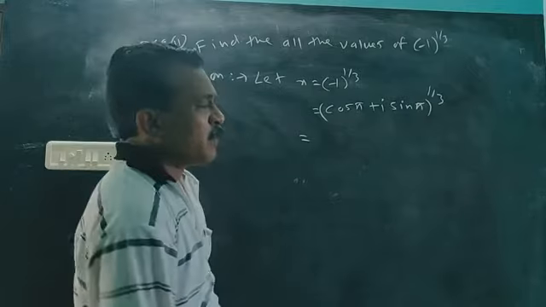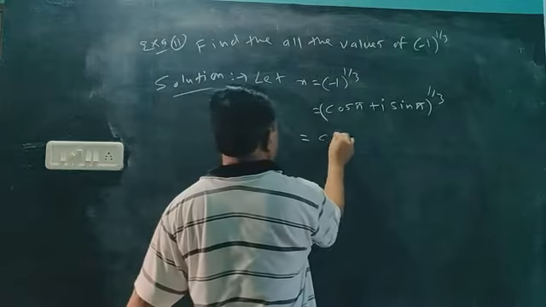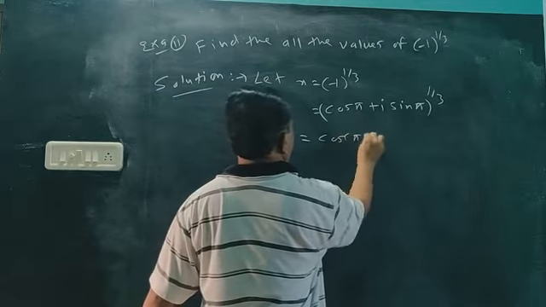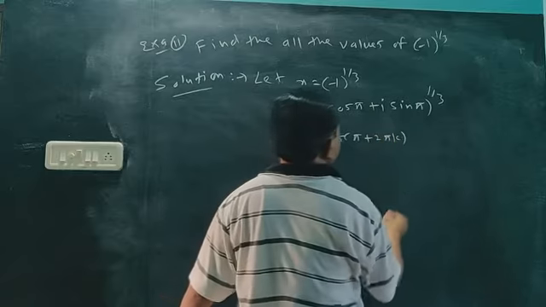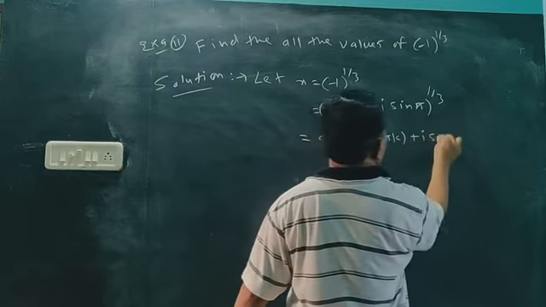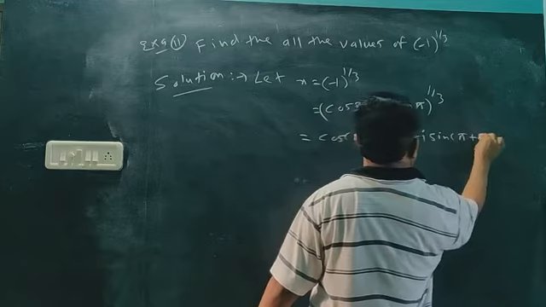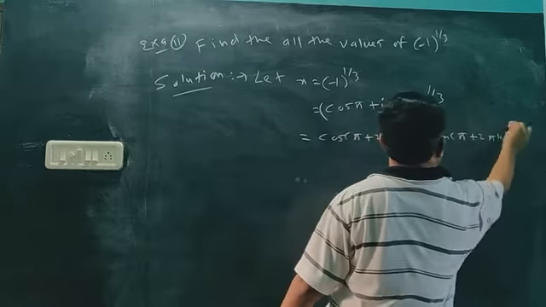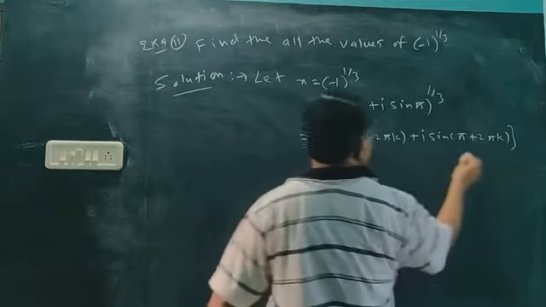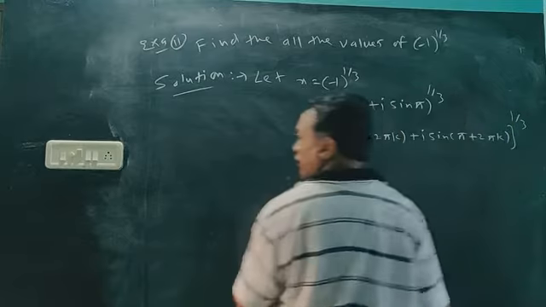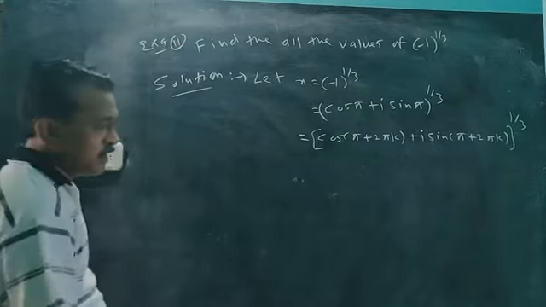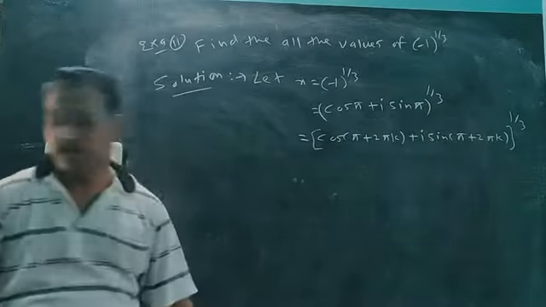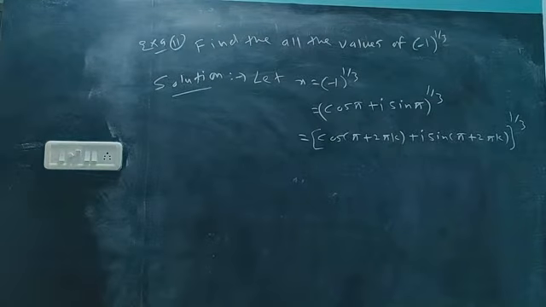Now sin and cos are periodic functions, so cos of pi plus 2 pi k, I sin of pi plus 2 pi k. Everywhere in sin cos angles we can add 2 pi k because sin and cos are periodic functions with period 2 pi.